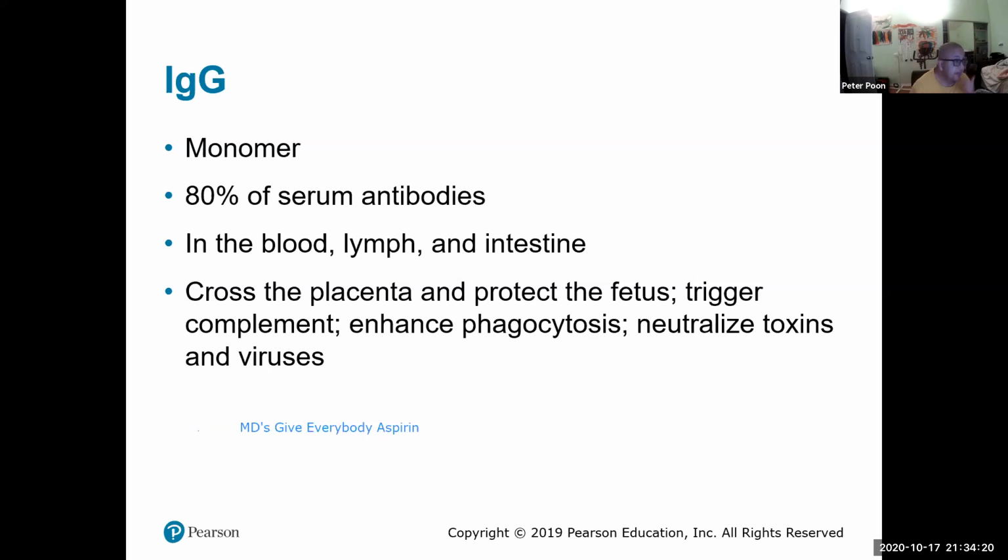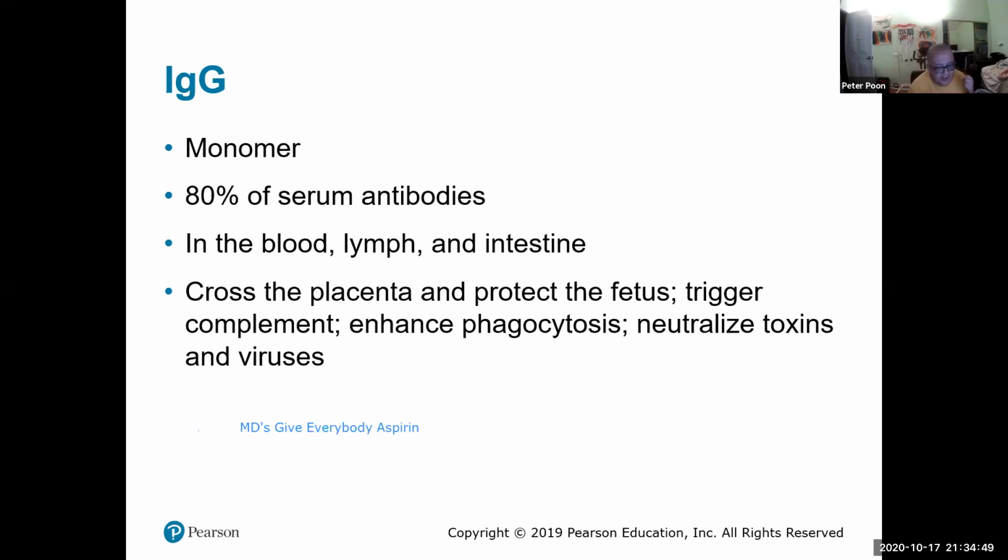So the IgG antibody crosses the placenta and protects the fetus. It triggers complement and has phagocytosis. It neutralizes toxins and viruses. If it binds to the toxin, it'll prevent the toxin from actually working, so it's an antitoxin.